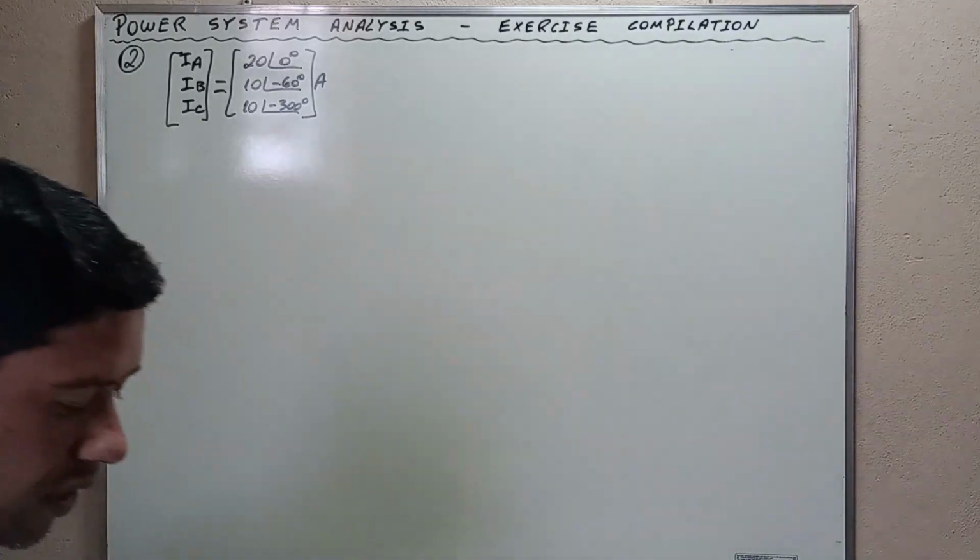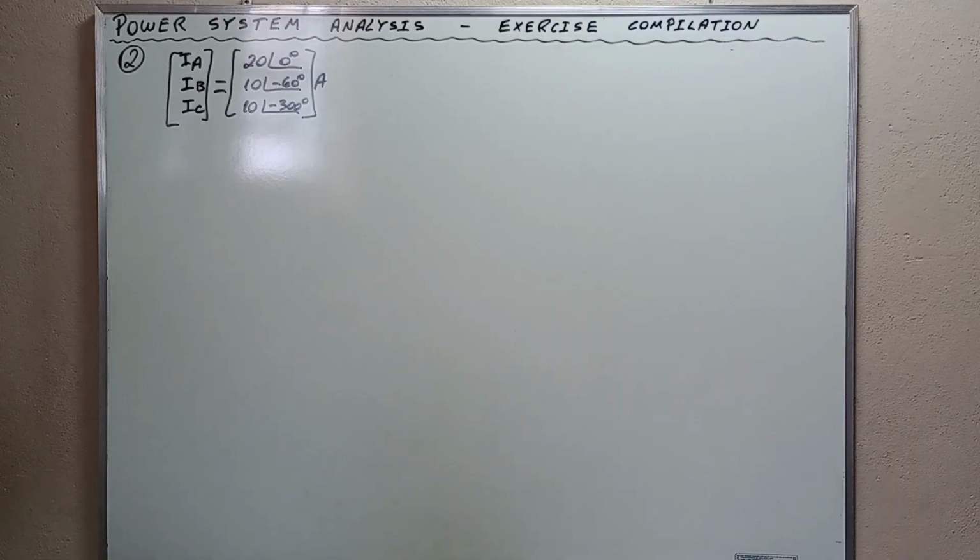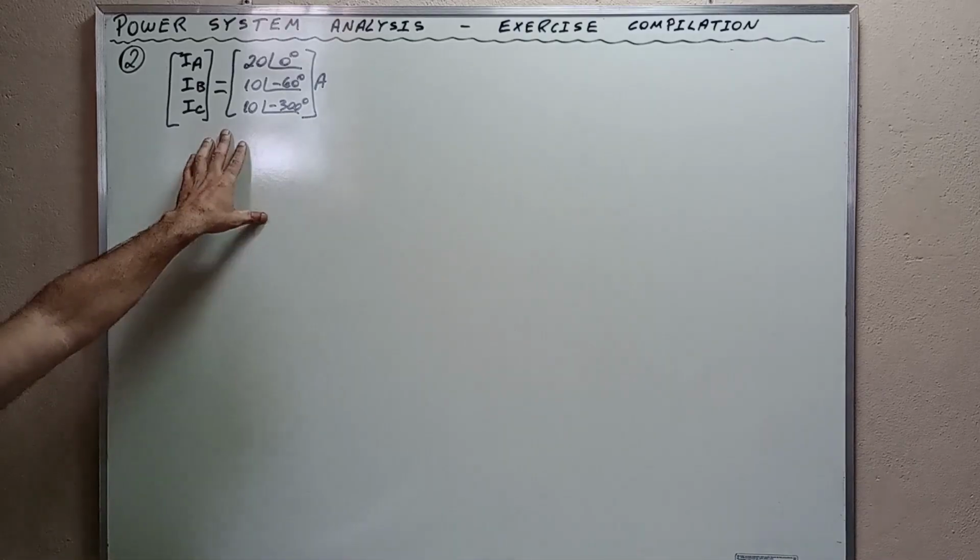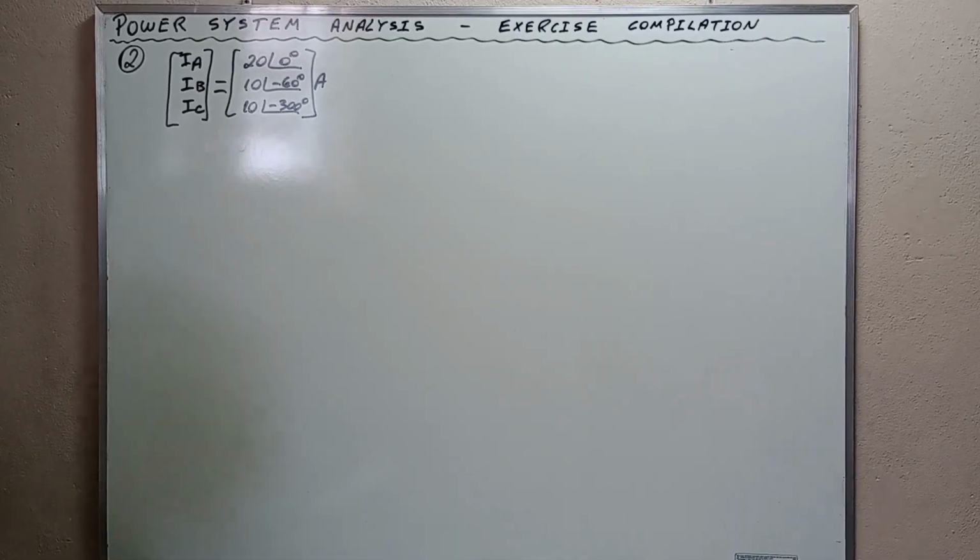We have to understand what the exercise wants. And the exercise wants the positive sequence component of the current in phase A. Okay, my friends? And this is the information that the exercise provided, and it is enough to calculate the positive sequence component of the current in phase A. Okay?